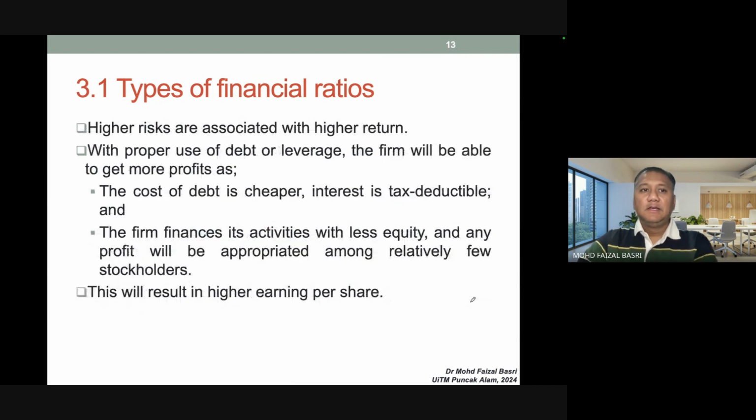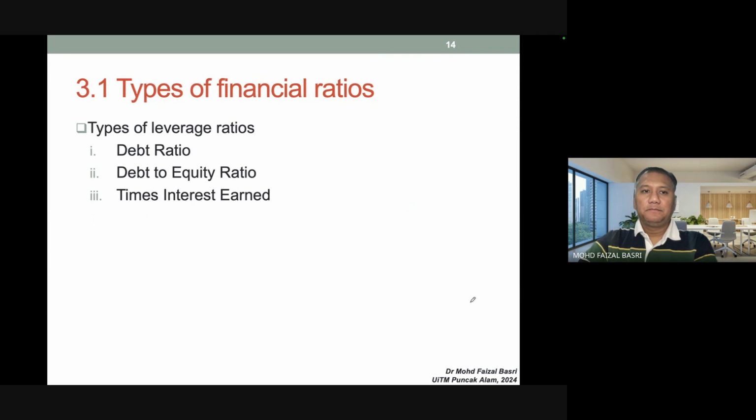Okay, so the ratios ada 3 juga. There are 3 more ratios. We have debt ratio, debt to equity ratio, and the third one is times interest earned. So the debt ratio ni is also known as debt to assets ratio.